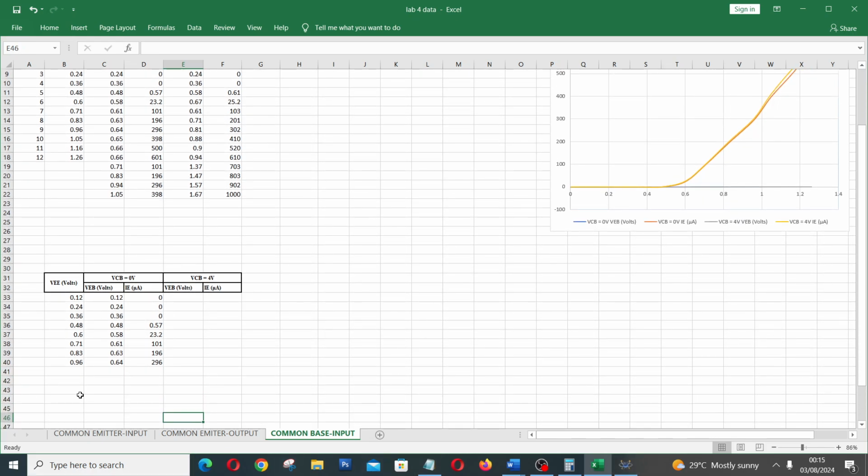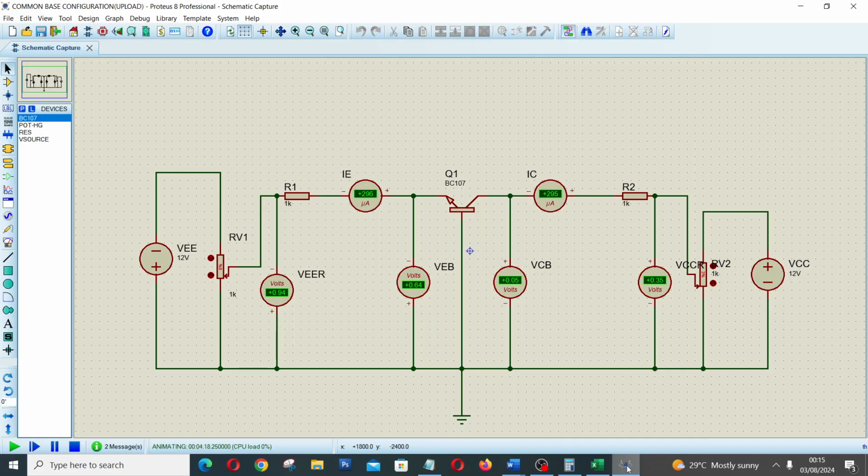So let's take one or two more points. Let's take VEE equal to 1.05. Let's see the lowest we can get. I think 0.04 is still okay.